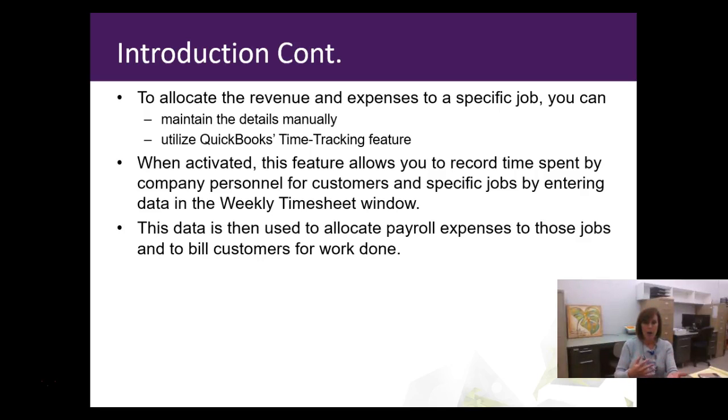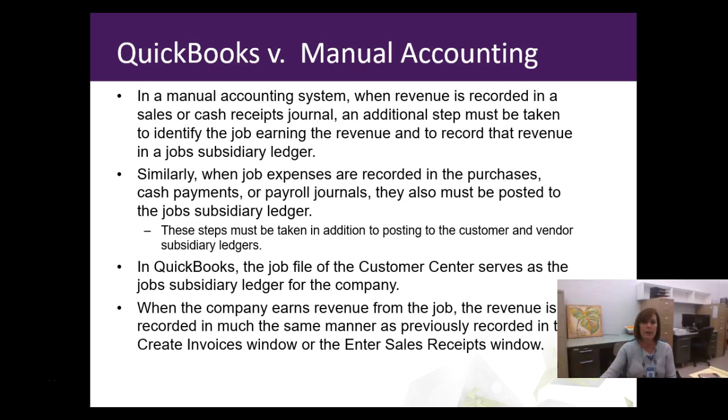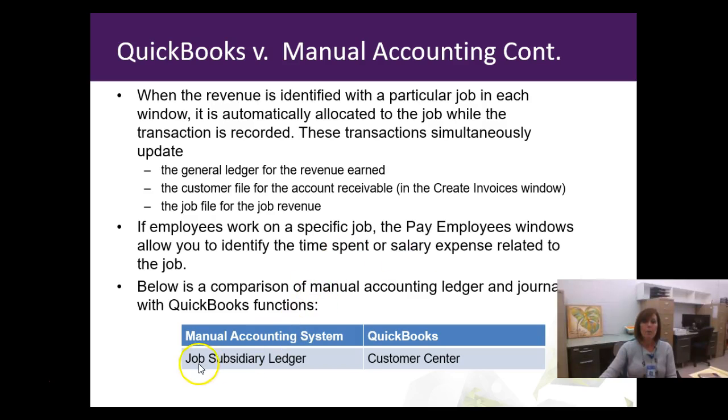How do I pass that cost that I've now incurred onto a client, or how do I allocate that to a particular client or file or project so that I know whether or not what I'm charging is keeping me profitable? And if I bill your time out to the client, I need to know what that is so that I can make sure to bill the client appropriately for the amount of time that you may have spent on their file. And so if we were using a manual system, we would have a job subsidiary ledger.